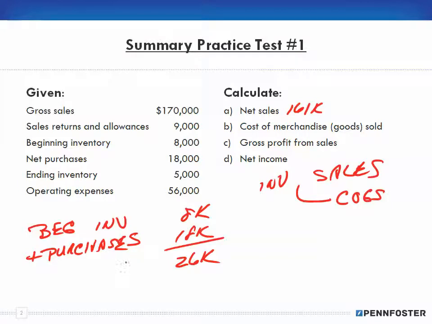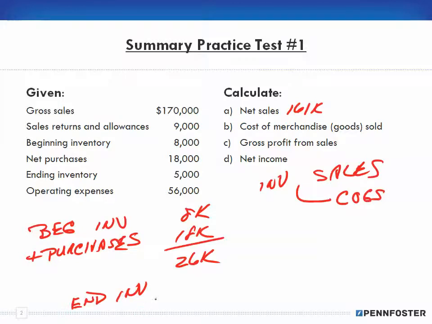Okay, but we know that at the end of the accounting period, or at the end of the month or whatever that period of time is, a lot of those items are not there anymore because we sold them. Right? So at the end of the period, we do an ending inventory. We actually see what was in inventory.